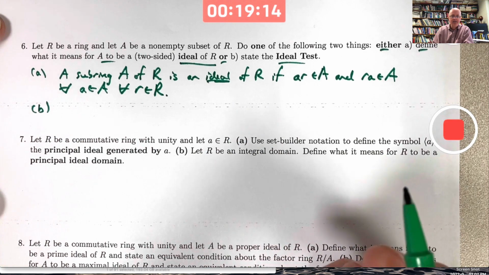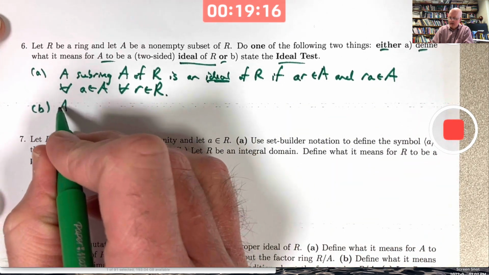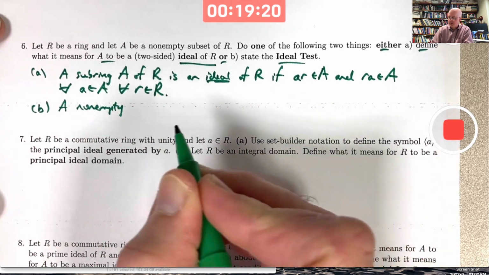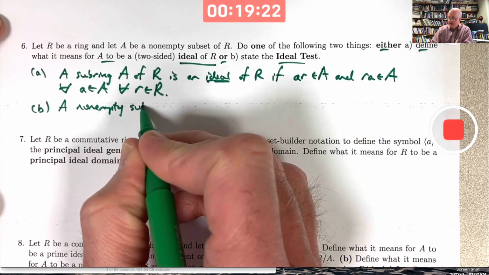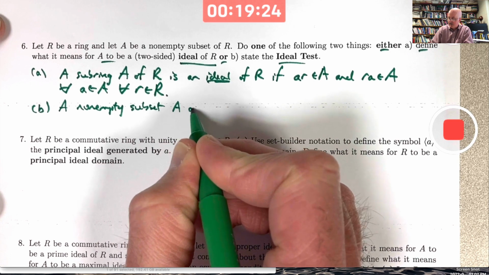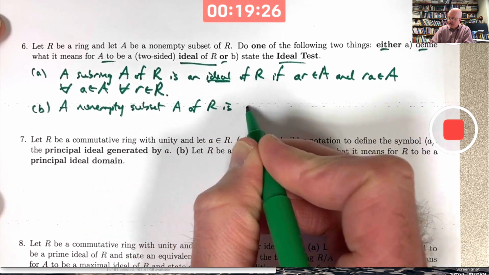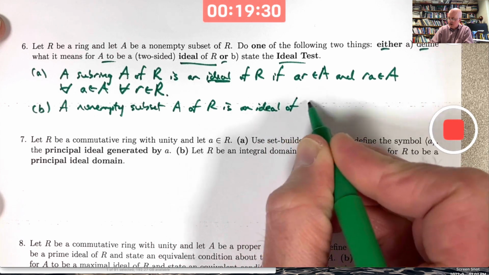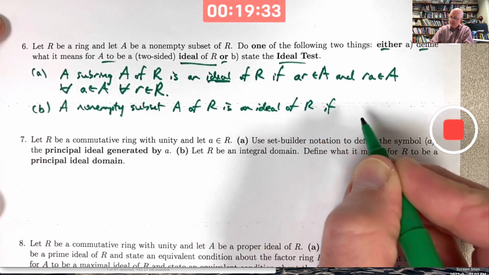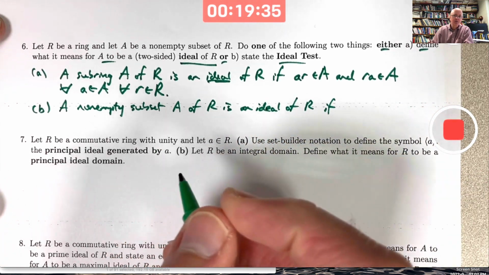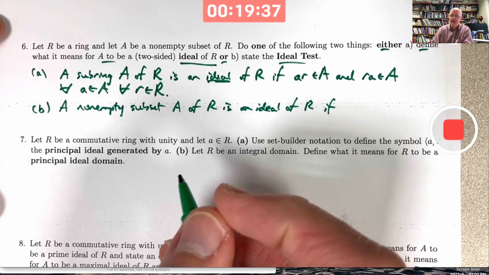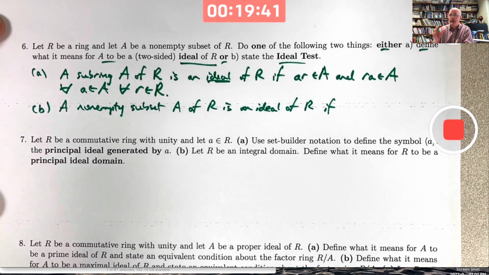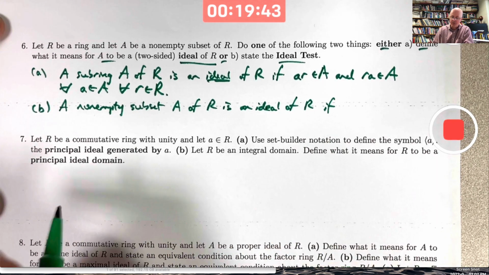What is the ideal test? A non-empty subset, don't assume it's a subring necessarily. Subset A of R is an ideal of R if what happens? It's got to be closed under subtraction, which effectively means the subset is a subgroup with respect to addition, and it's got to be superclosed.